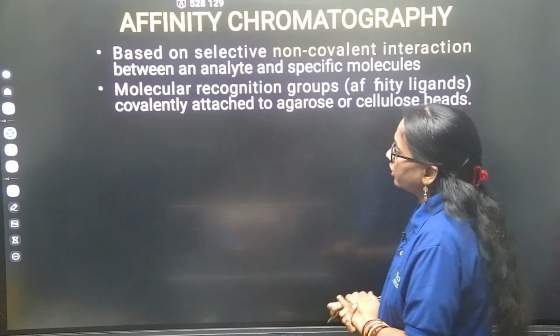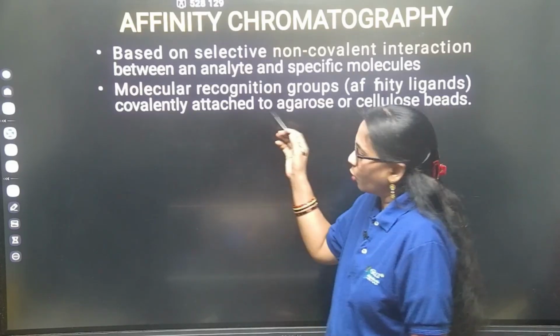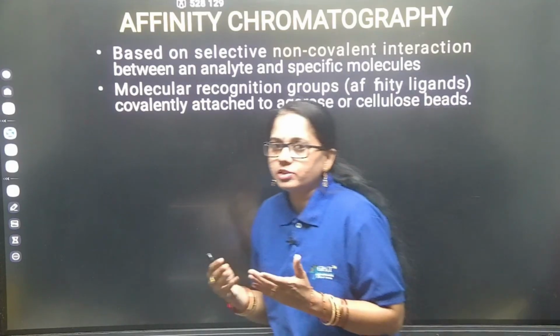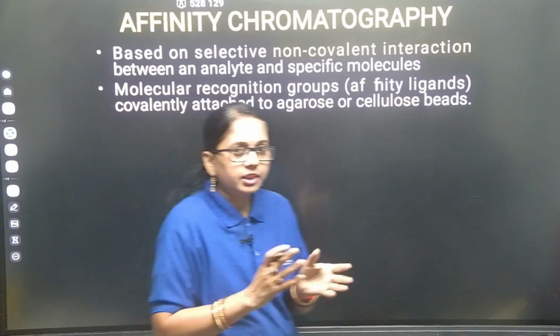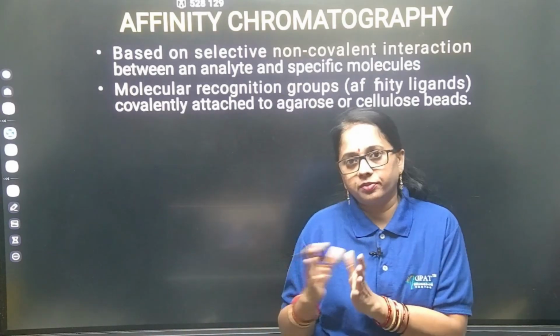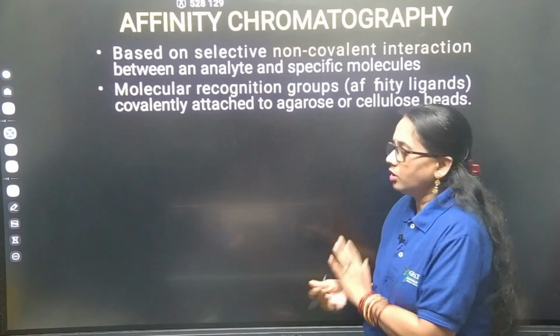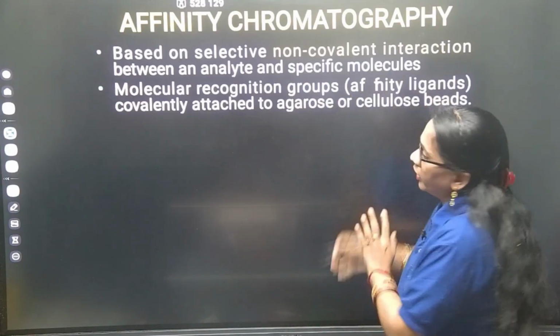Here, the affinity ligands we call molecular recognition groups. That means the compounds have affinity towards them, like a drug and a receptor have an affinity similarity. Similarly here also, but these have non-covalent interactions.